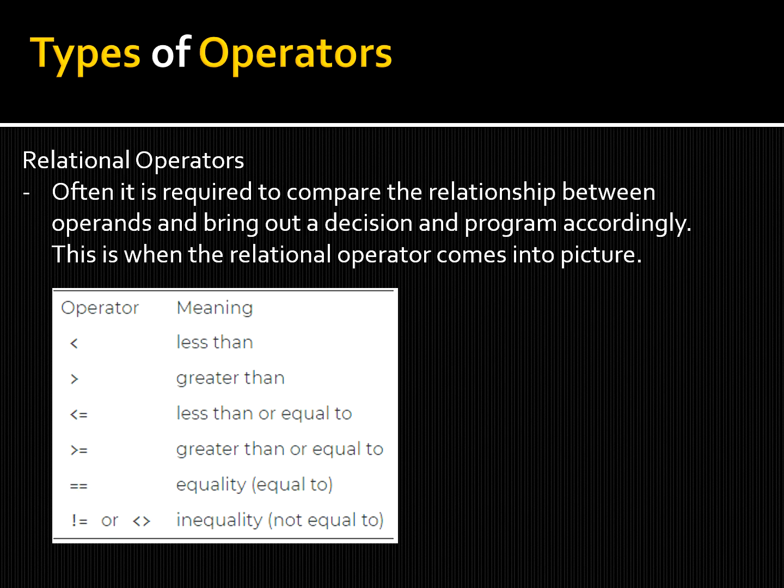The third is less than or equal to. The fourth operator is greater than or equal to. The fifth operator is equality, or equal to. And the last operator is for inequality, or not equal to.